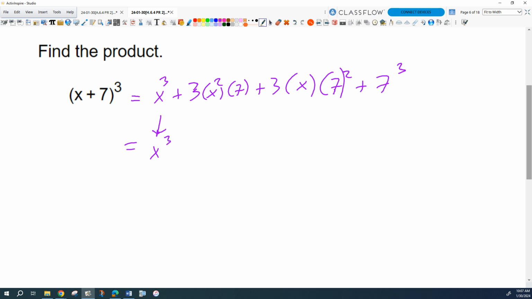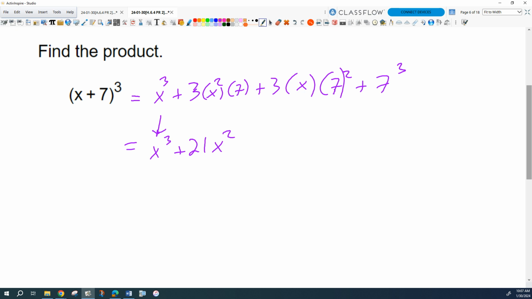And if we just simplify each of those terms, that's x cubed. What do I get here? 3x squared times 7. Okay, now it gets a little trickier because I've got 49 times 3. What's that? 147. 147, yeah. How can you do that quickly? What would 50 times 3 be? 150.